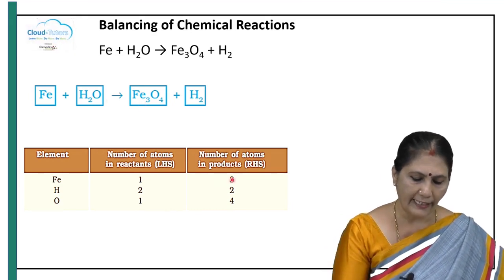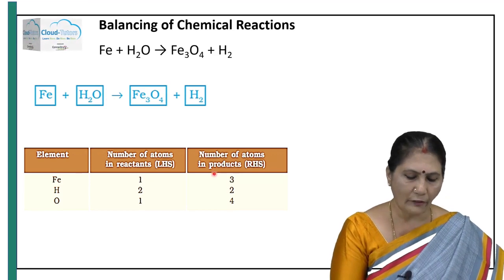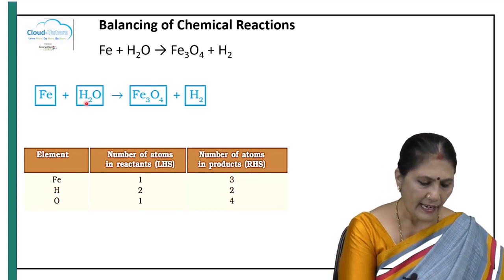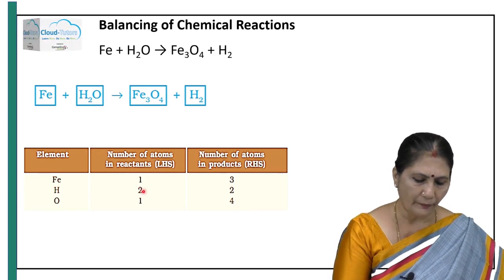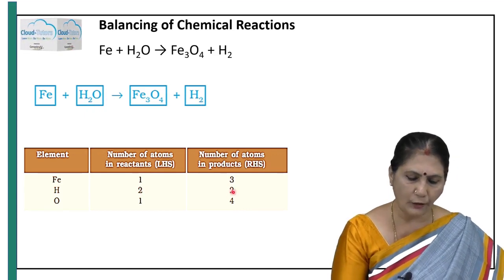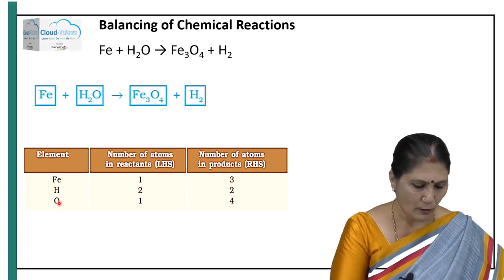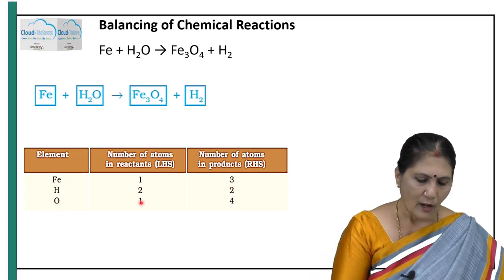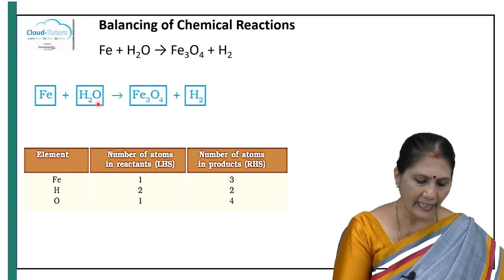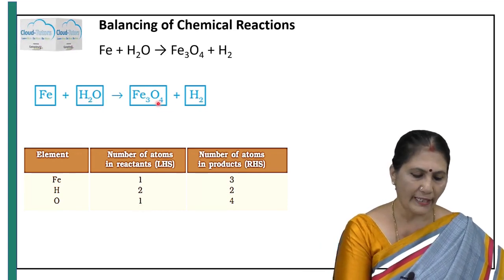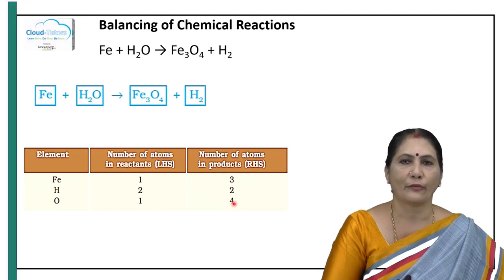On the product side, you have 3. That means you have to equalize this. It is not equal. Next, hydrogen, it is 2 in number. Here it is again 2. That means hydrogen is balanced. Now, oxygen: how many atoms on the reactant side? You have only 1. But on the product side, you have 4.